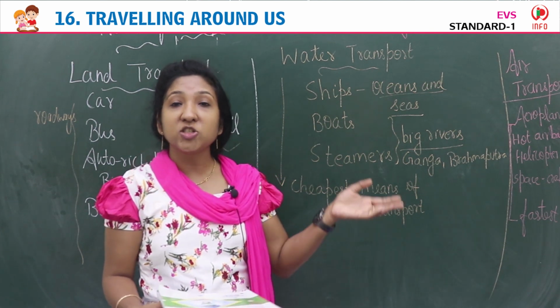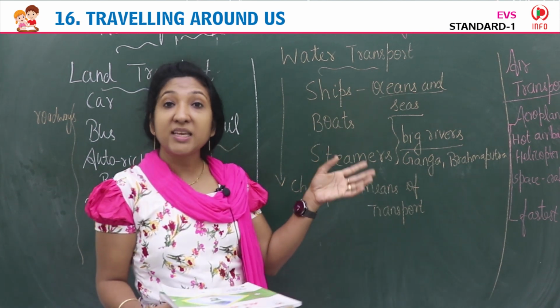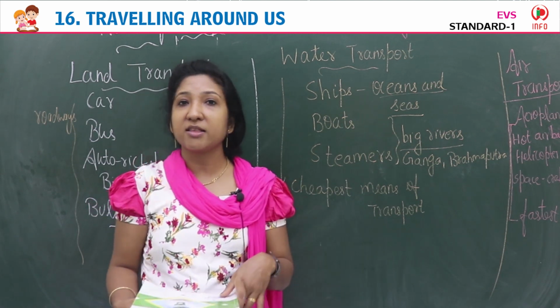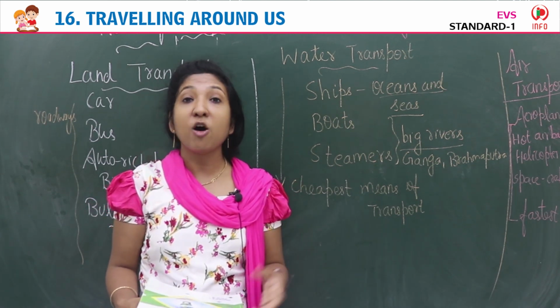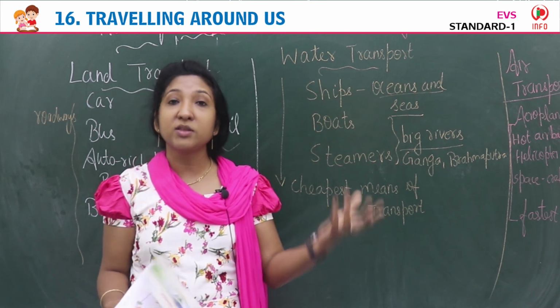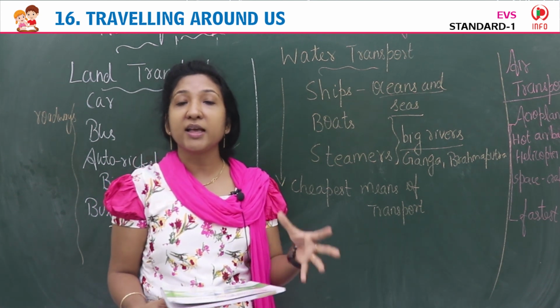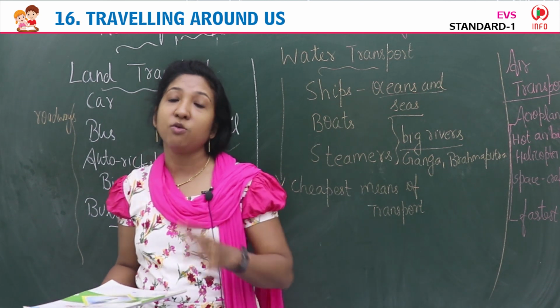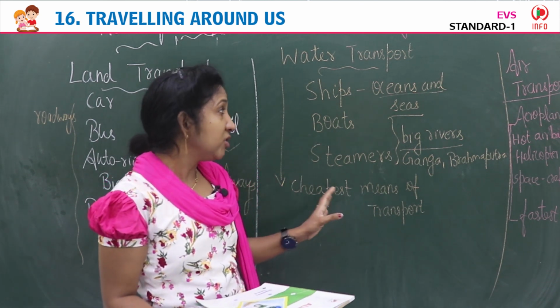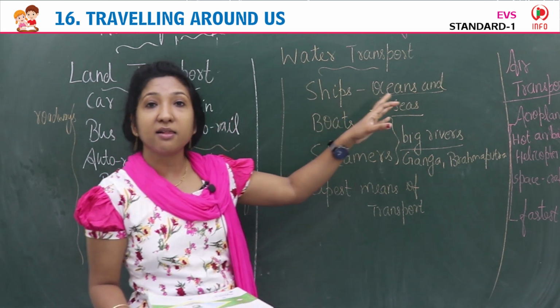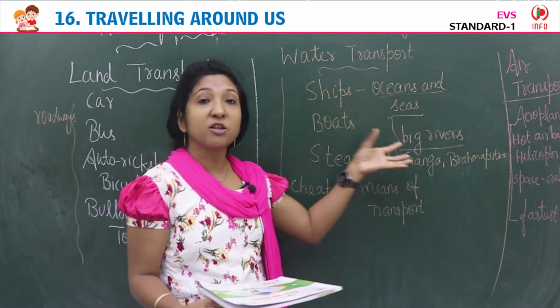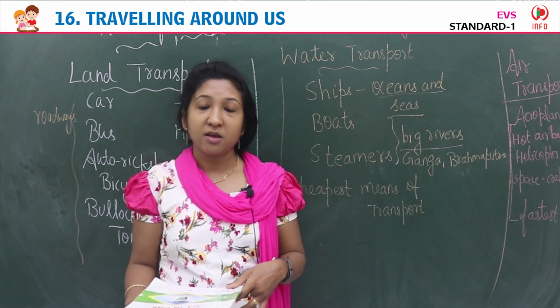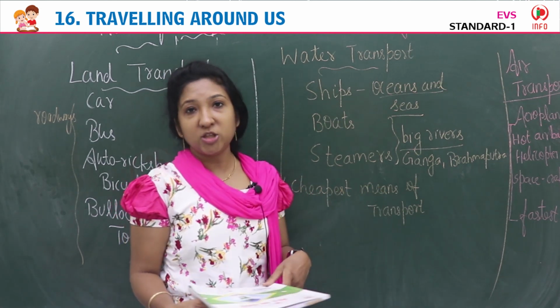Examples: ships, boat, steamers, they are all water transport. They carry passengers, means people, and they carry goods, things across the country or from one town to another town. Ships sail in the oceans and seas, and boats sail along the big rivers like Ganga and Brahmaputra.